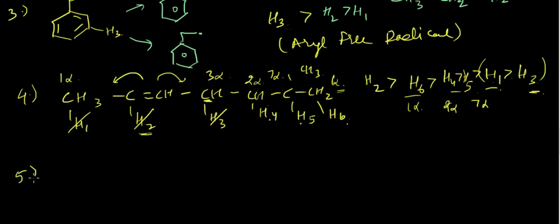Okay, let's have another example wherein we have something like this. H1 on the same carbon, H2, then we can have H5.